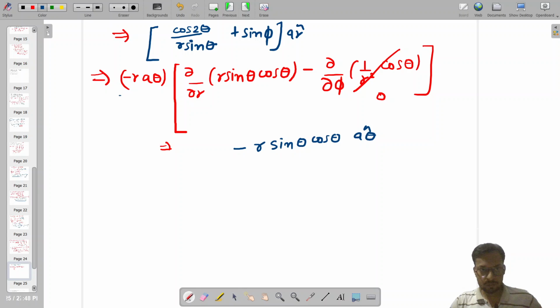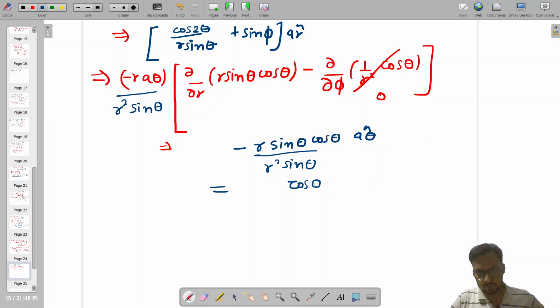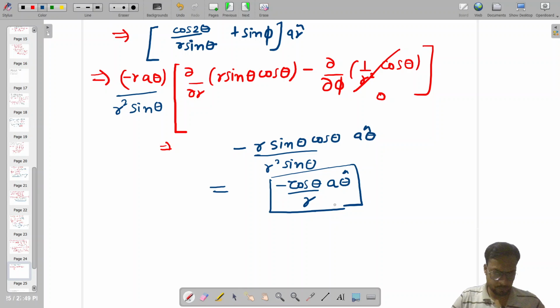And this term is also there. So we have cos theta a theta. This is the second term. Now the third one.